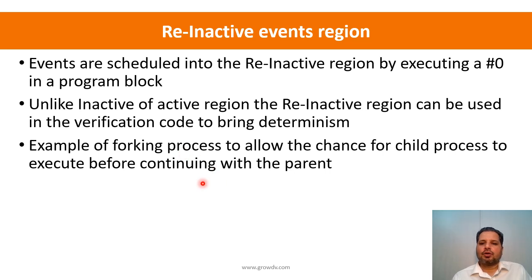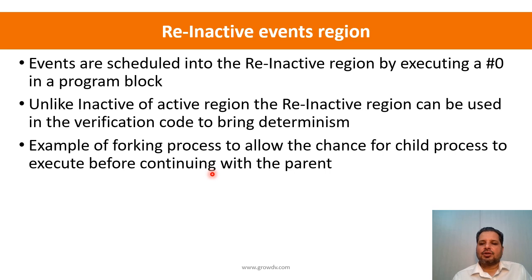But if for some reason you want to make sure the child process gets a chance to execute before the parent continues, especially with a join_none type of fork, then after the fork you can put a #0.